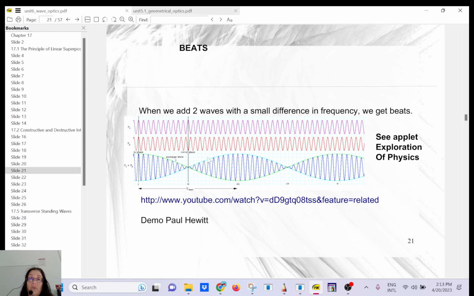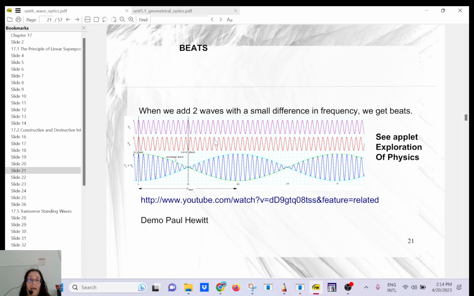So if you are in music, you know the phenomenon: when you have two waves and you add them together, but their frequency is a little bit off, so they do not have the same frequency.